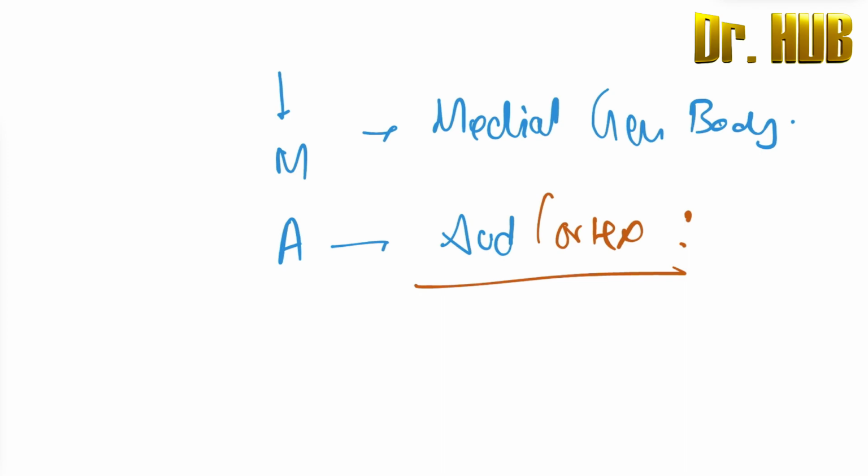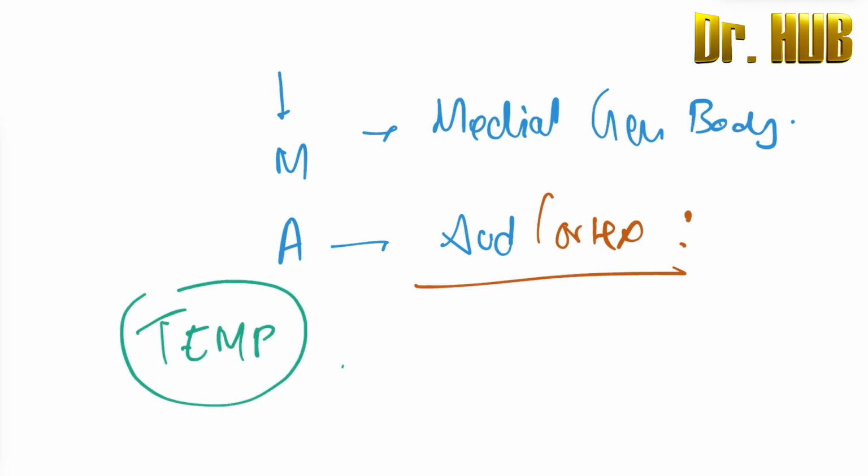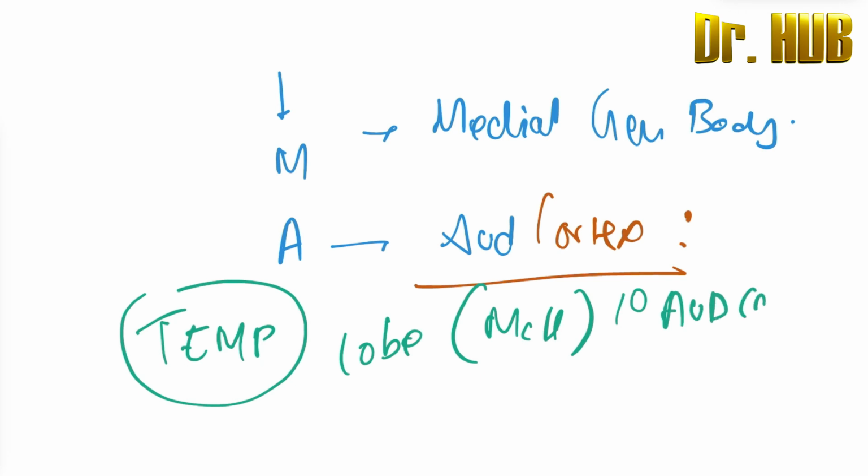An important note is that most of the primary auditory cortex is in the temporal lobe. Most of the primary auditory cortex is present here, but the association cortices extend over much of the insular lobe.